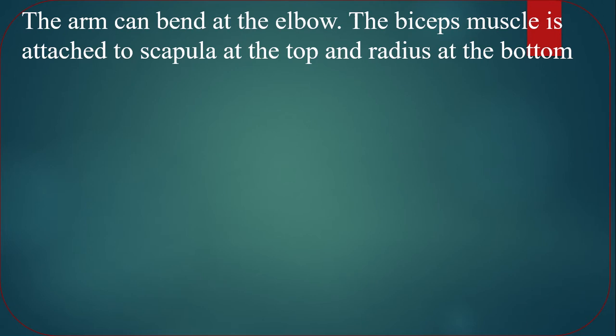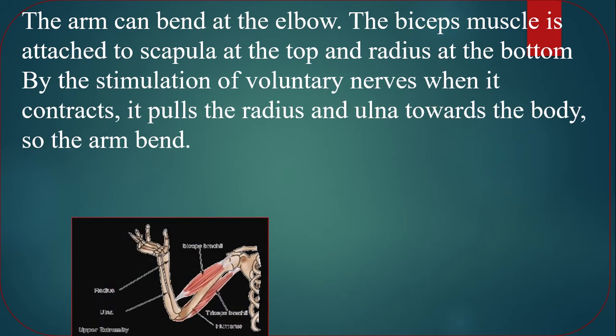The arm can bend at the elbow. The biceps muscle is attached to scapula at the top and radius at the bottom. Follow the picture. This is the biceps muscle, top of the arm, and this is the triceps muscle.